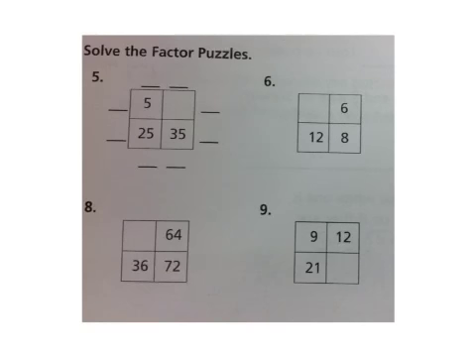And finally, if you remember, I told you that these were not going to go away. I'm going to do 4 of them with you and leave the other 2 for you. I'm going to go up and down on number 5 because it'll be faster, because 5 is a prime number, so only 1 and 5 go into it. So I know this is going to be 5. And once I have my first number, it's pretty easy, because now I say, what do I multiply 5 by to get 25? 5 times 5 is 25.